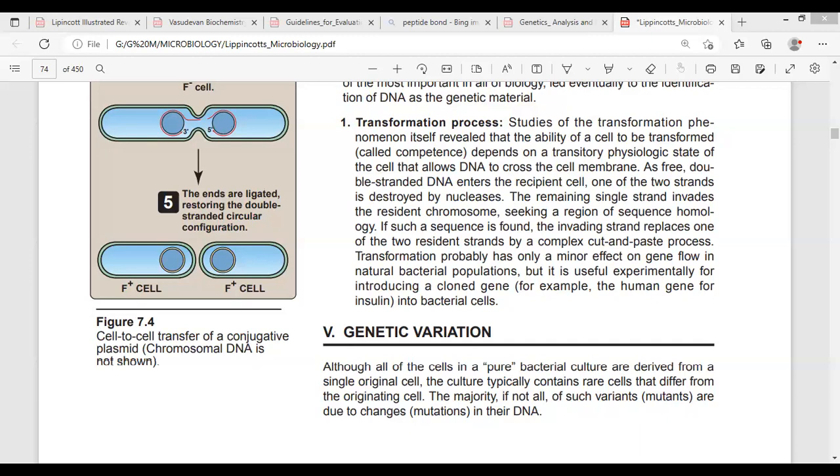In transformation, essentially that's it. I just want a diagram for that.